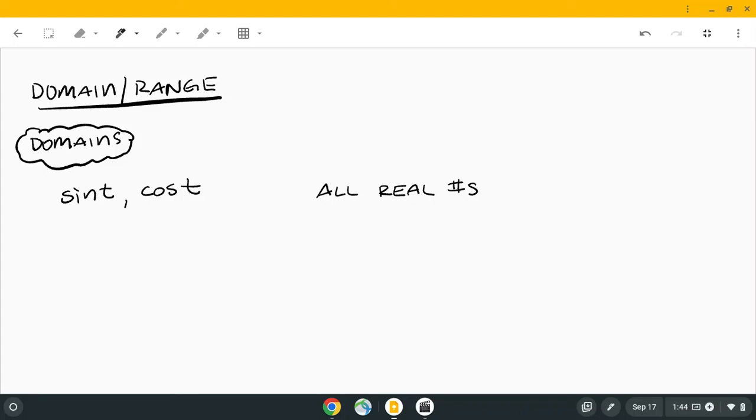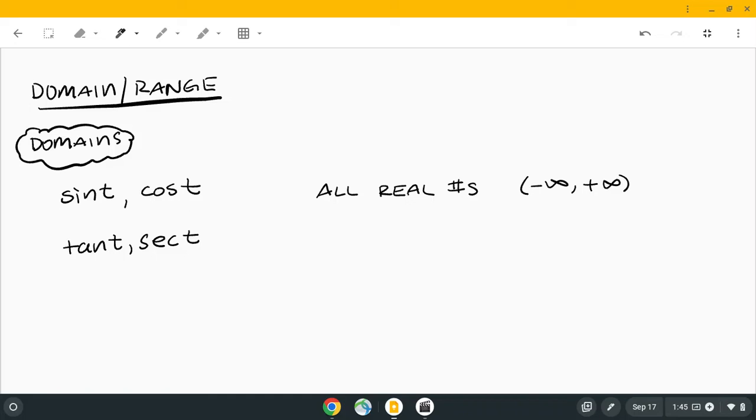If you want to write that in interval notation, you could write it like this: negative infinity to positive infinity, right? Okay. For tangent and secant, those can be written as ratios with cosine in the denominator, right?